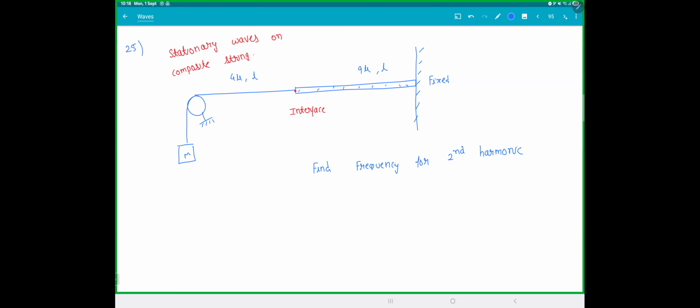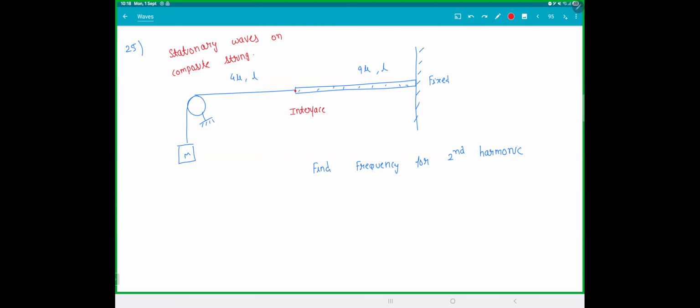Let's see. First thing, what is the catch? In this thing, you need to understand there's a problem. Every time this interface moves up and down, you'll get a transmitted wave and a reflected wave, isn't it? And that's going to mess up the whole thing. So you'll start getting waves AR, AT, and that's the problem. So the interface is a problem. You have to make sure the interface does not move.